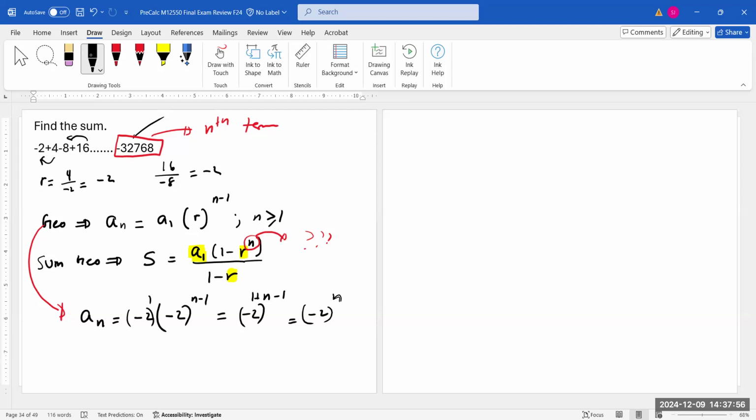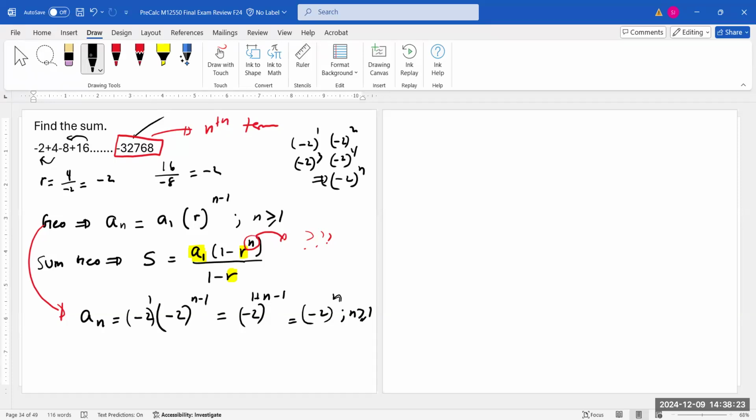For example, the first one is -2 to the 1. The second one is -2 squared. The third one is -2 cubed. The fourth one is -2 to the fourth. So if you already see the pattern, you don't have to follow the formula. You can simply write it's -2 to the n by following what you see. And our n starts from 1.